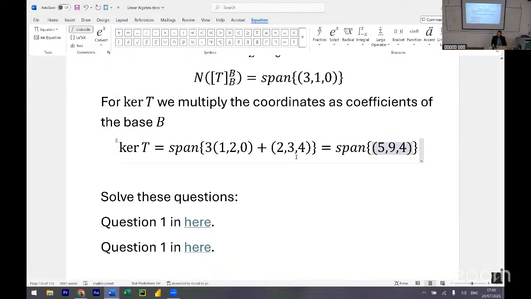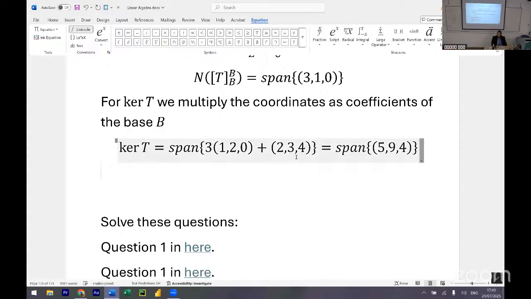Okay, so that is supposedly the basis for the kernel, and the dimension of the kernel is 1.